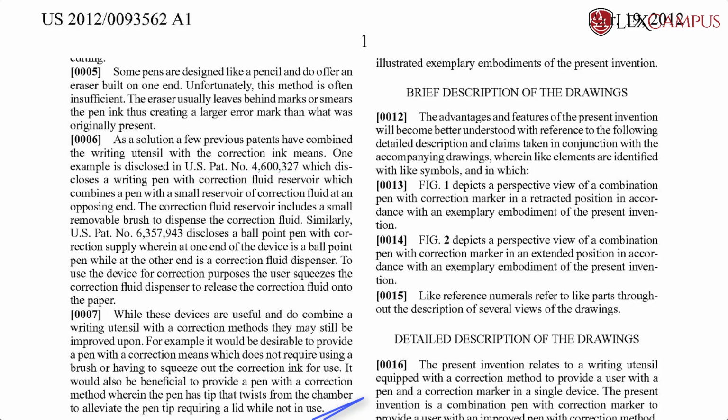So, you could have a broad description of the prior art without specific references, or you could also have specific references of prior art which have already been patented, as you can see here. Now, para 7 ends with the state of the prior art. What existed before this invention came into being?